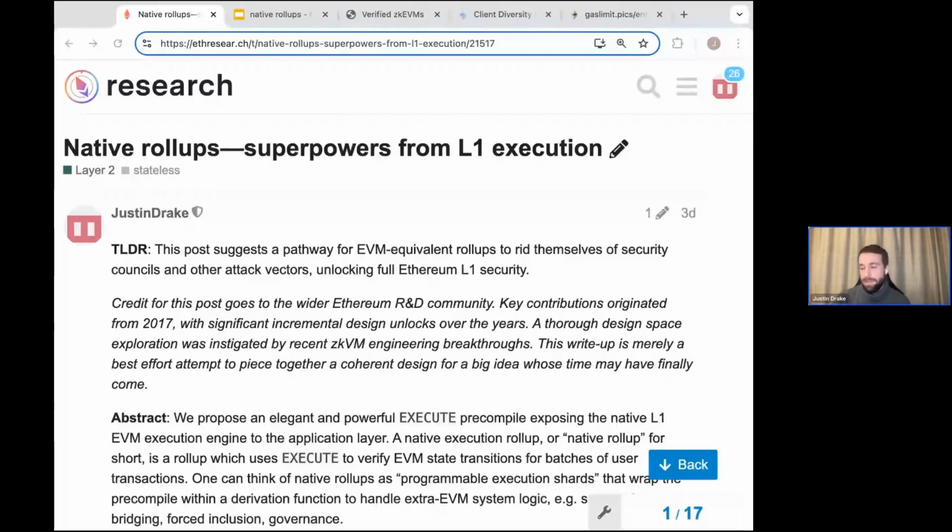But yeah, the whole point is that eventually they can completely remove their security council, completely remove their token governance control over the virtual machine, and basically fully inherit L1 security. And if you fully inherit L1 security, I call such rollups trustless rollups, or you could say the World War III grade rollups.